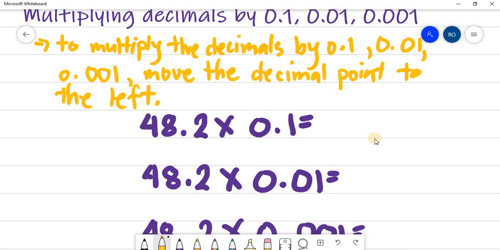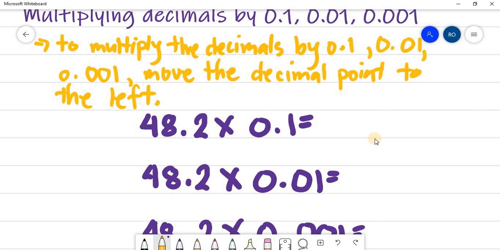So before, if we are multiplying a decimal by 10, 100, 1000, we move the decimal point to the right. But in this case, we are multiplying a decimal by 0.1, 0.01, and 0.001. We have to move the decimal point to the left, in the opposite direction.